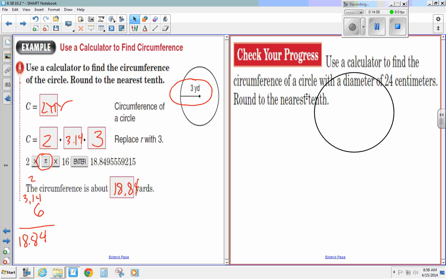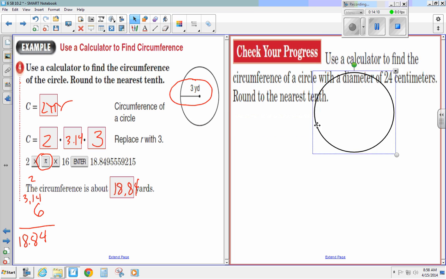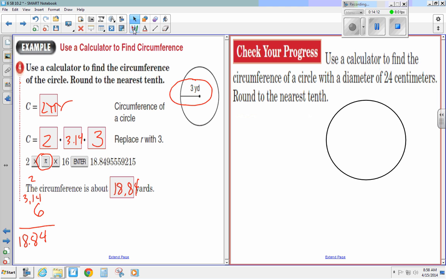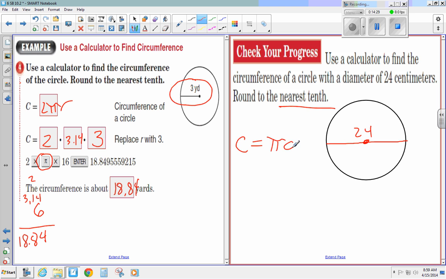Here's a circle. It tells us that the diameter through the middle is 24. Round to the nearest tenth. So, if we're given diameter, the circumference is pi d. Pi, we're going to make 3.14.